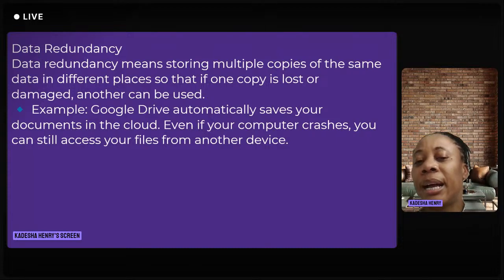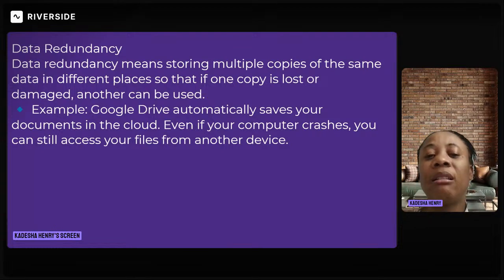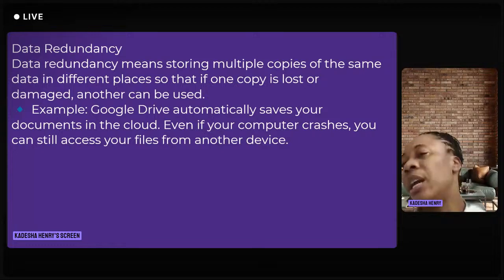An example of this would be a cloud drive, a Google Drive rather, that automatically saves your documents. They save it in the cloud, so if the computer crashes, you can still access your files from different devices. Let's say you have your computer in your hand and you have a Google Drive with all of your information.